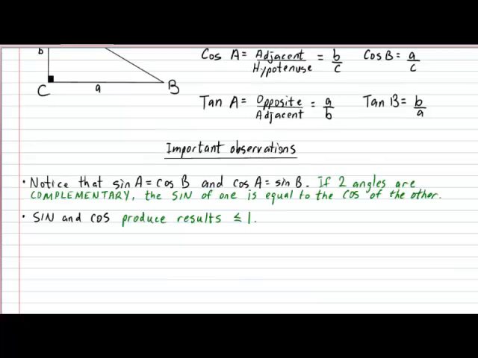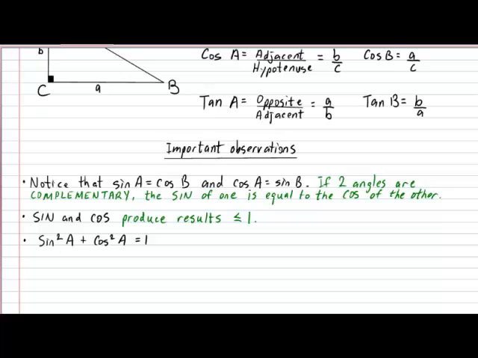And the final observation, based on these trig ratios, is unfortunately harder to see, but very easy to prove. The third observation states that the sine of an angle squared plus the cosine of that same angle squared should always equal 1. Hard to see, but easy to prove. So let's prove it.